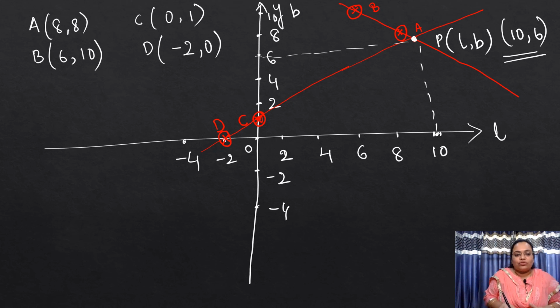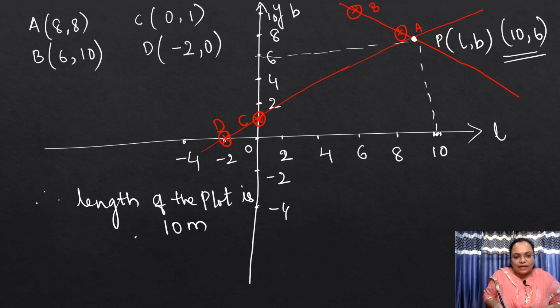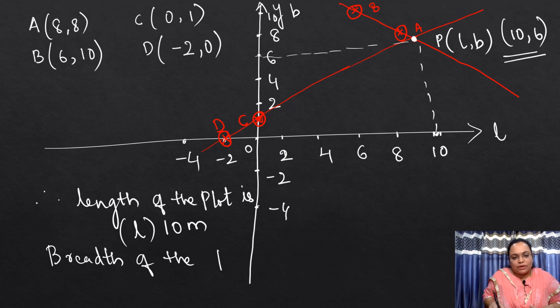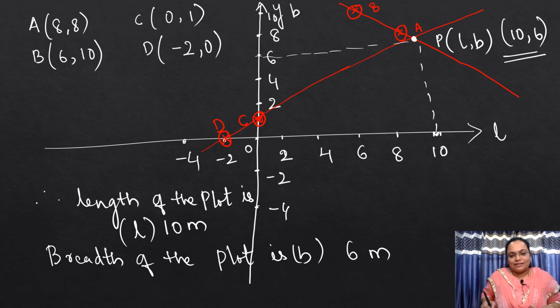Therefore, what is 10 here? 10 is the length, right? Therefore, the length of the rectangular plot is 10 meters, and the breadth of the plot is 6 meters.